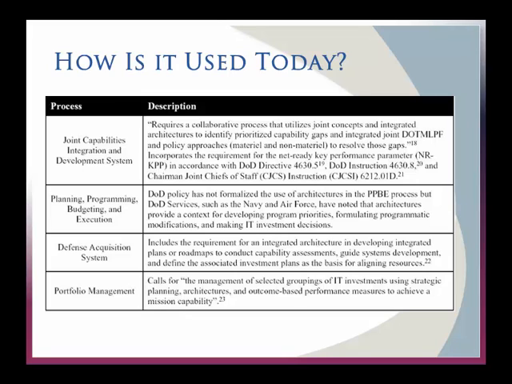The whole defense acquisition system relies on this. Certainly portfolio management. Some of you who will end up as program managers and will be managing a portfolio, you're going to want to have some type of an architectural aspect of your system that other pieces are plugging into that's well understood. It's going to help you to understand where you're going and what it's going to cost to get there.